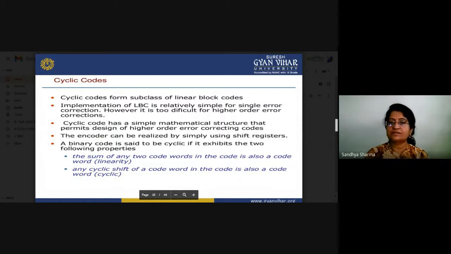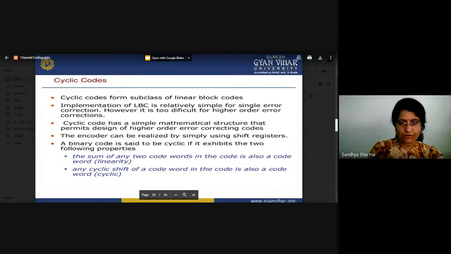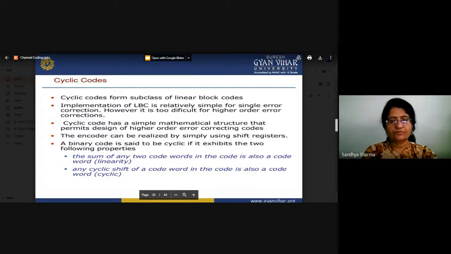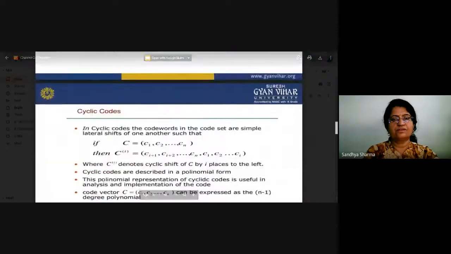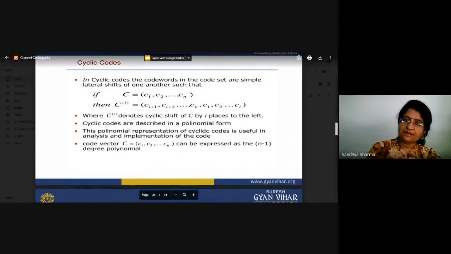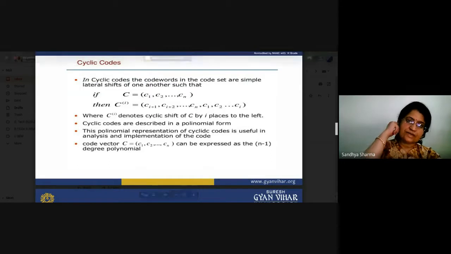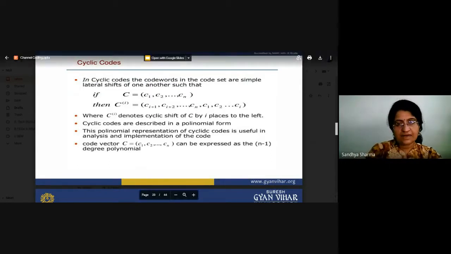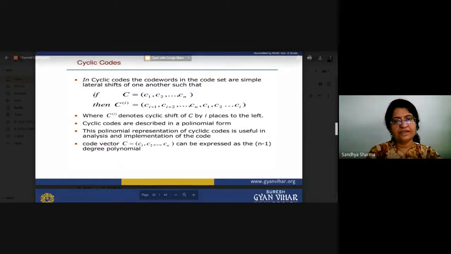A binary code is said to be cyclic if it exhibits the following two properties: the sum of any two code words in this code is also a code word, and any cyclic shift of a code word in the code is also a code word. You can see the shifting here: C1, C2, up to Cn. In a cyclic code there is an n-bit code word, and if you shift it by i positions, it will again follow the same rule.